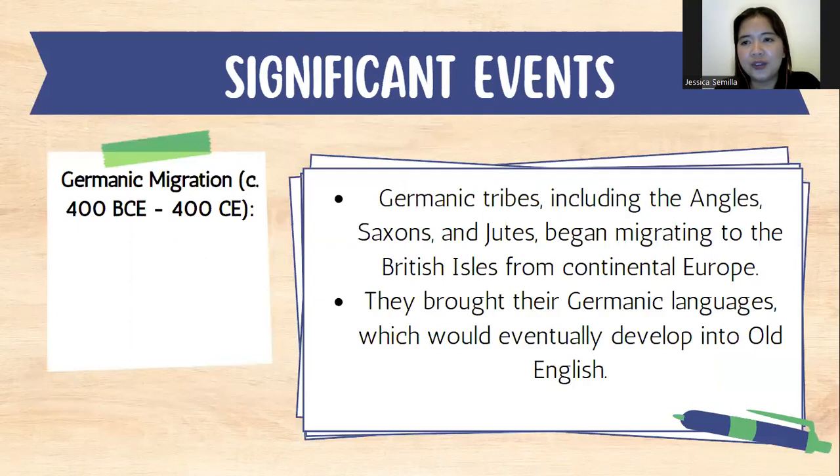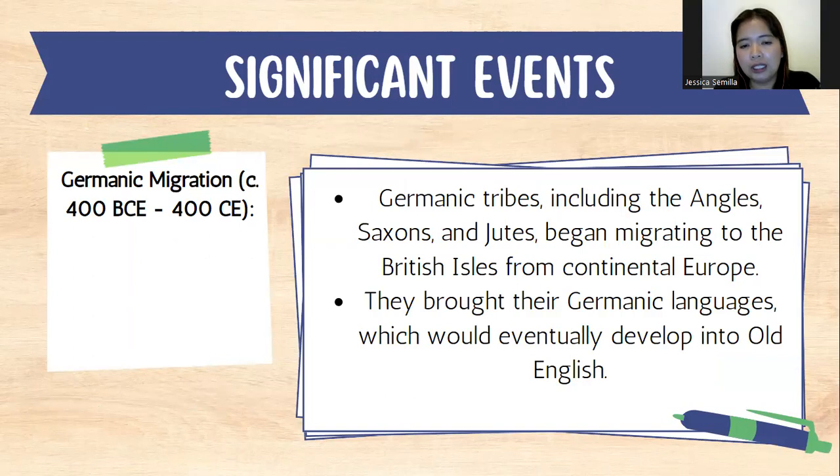Therefore, we have different significant events that happened during the pre-Old English. Of course, we have the Germanic migration, during 400 BCE to 400 CE, wherein the Angles, Saxons, and Jutes migrated to the British Isles from continental Europe.